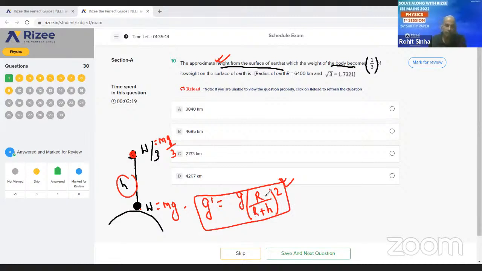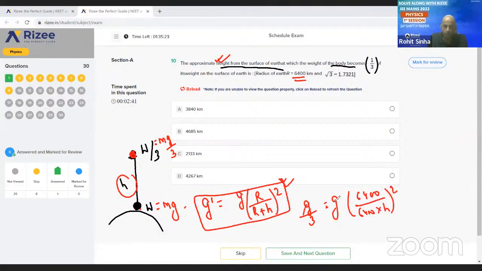Now it is given here, g dash is given as g by 3, is equal to g into (r by r plus h) whole square. The radius of earth is given here, 6400, you put here 6400, and h you have to find.